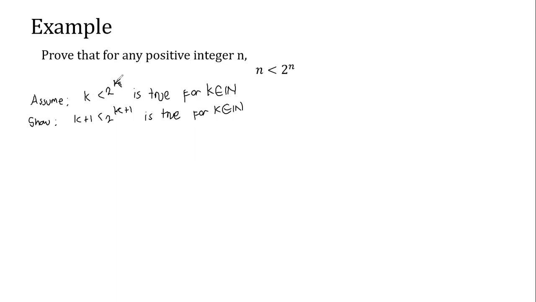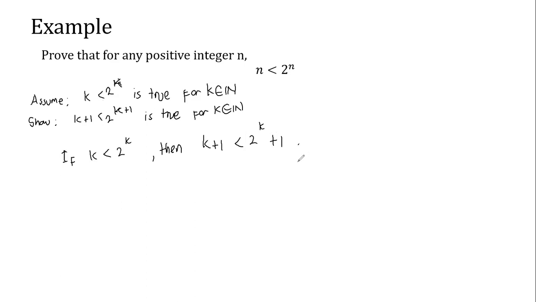So, if k is less than 2 raised to k, then, pag nag-add tayo sa inequality ng 1, this will be k plus 1 less than 2 raised to k plus 1. So, hindi pa ito yung pinapakita natin na ang kailangan natin ipakita, k plus 1 is less than 2 raised to k plus 1 sa exponent.